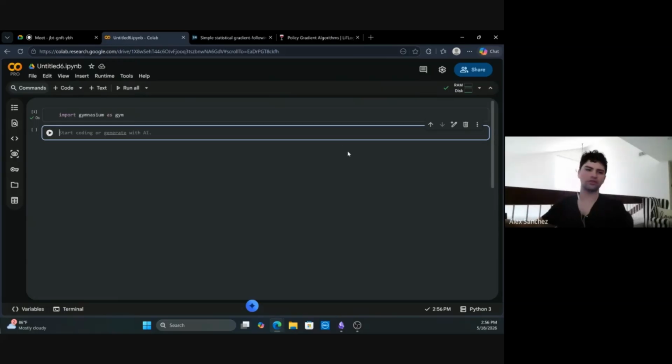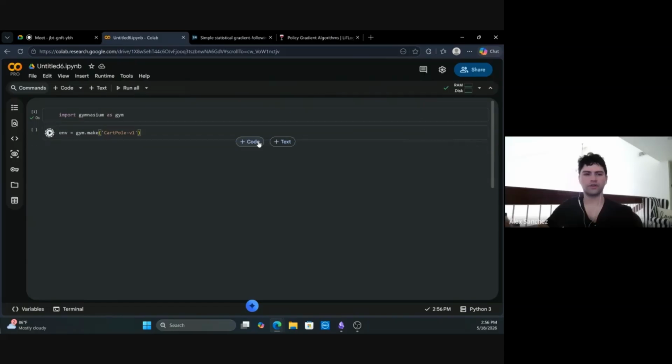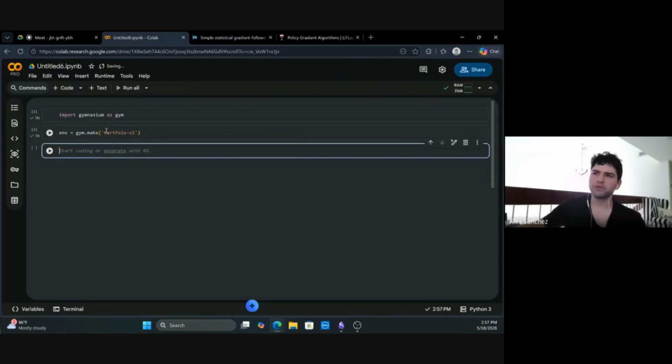All right. So let's go code this up. We're going to be using the CartPole environment. We make an environment with gym.make. Oh, look, and it got it for us. So we have CartPole v1. This basically makes our environment.